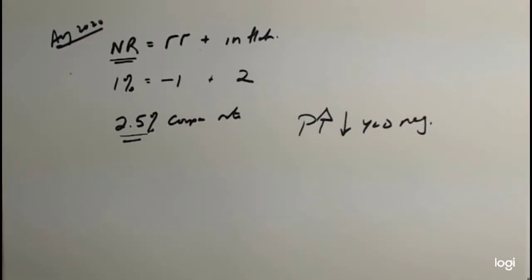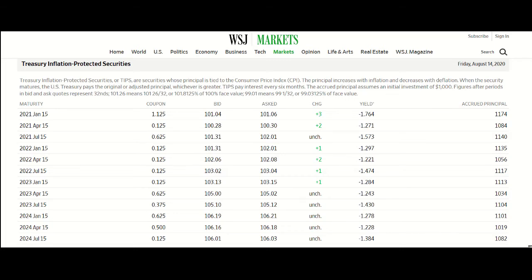And that's exactly what we see. Let me show you. Here we have TIPS quotes, prices for TIPS from the Wall Street Journal. And here on the left, you can see here's the maturity. You can see here's the coupon, what we were using. Now here's bid and ask prices as a function of 100. As I told you, I often use a $1,000 face, which is standard in reality. But when you get quotes, often quotes are a function of 100. So with $1,000 face value, you just chop a zero off, and it's a function of 100.